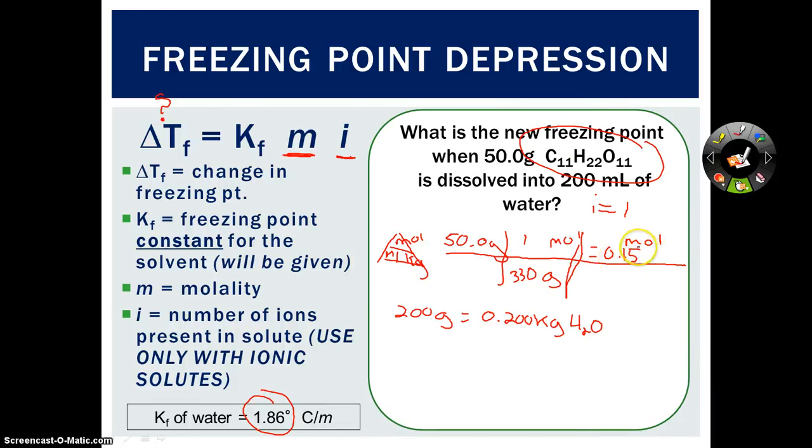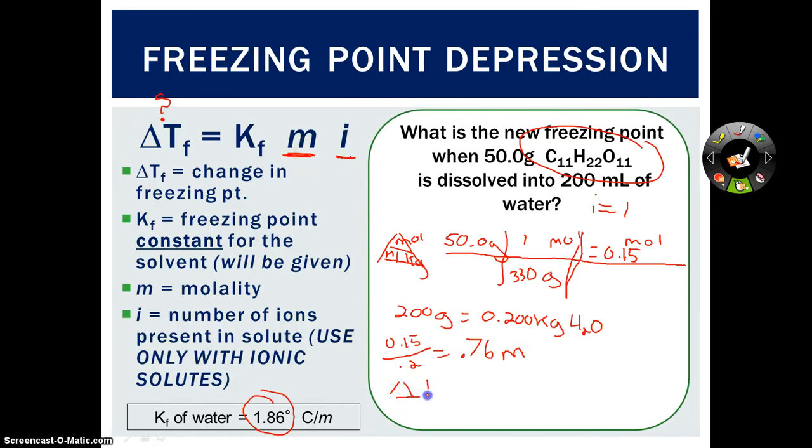So I have moles and I have kilograms. 0.15 divided by 0.2 gives me 0.76 molal. So now I have m. Plug it in.